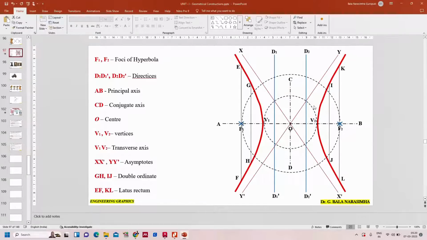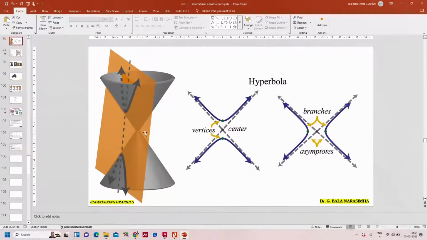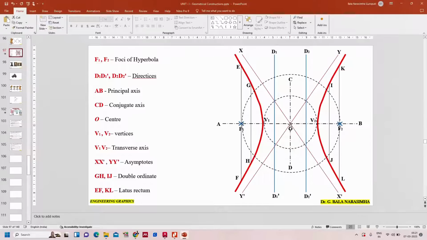Here this is one asymptote and this is another asymptote. For the other branch also the same will apply. The point where the asymptotes meet is called the center point. Just now I said the apex point, this one, is the center.